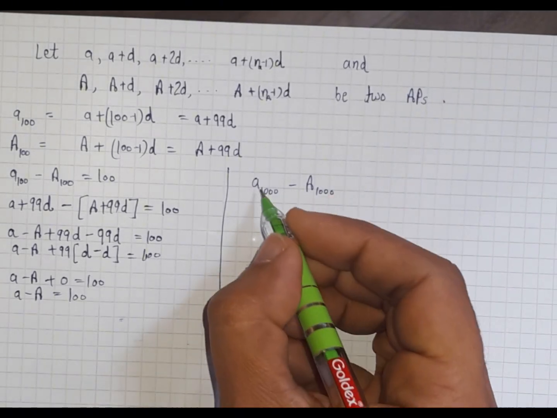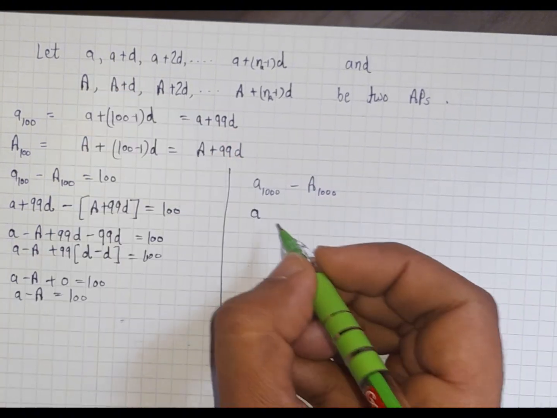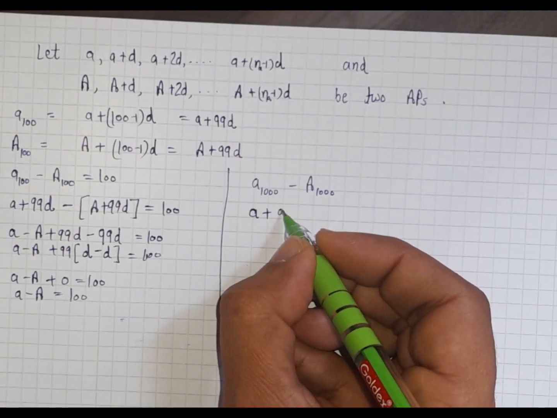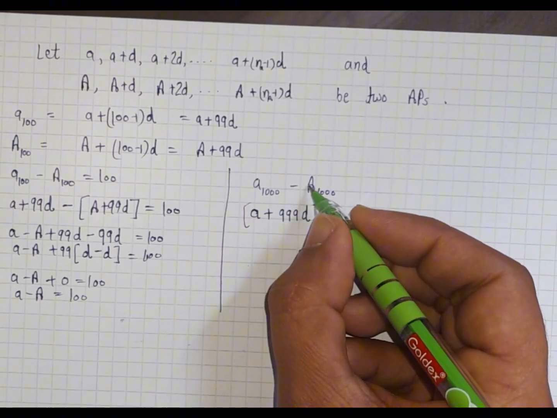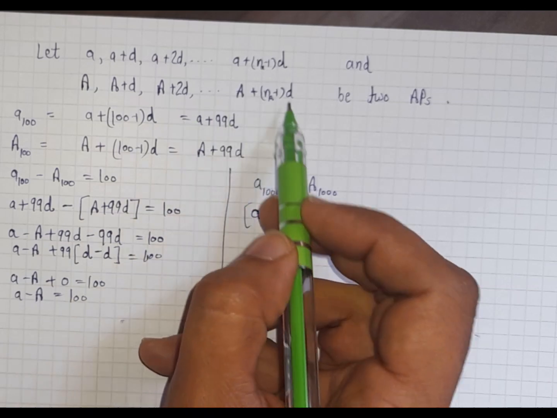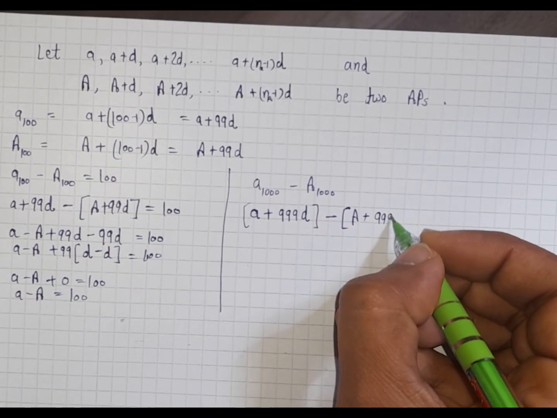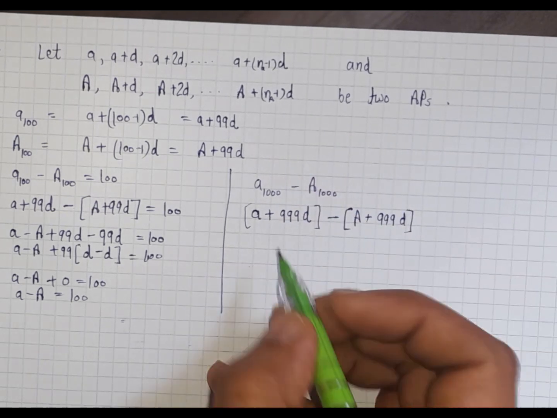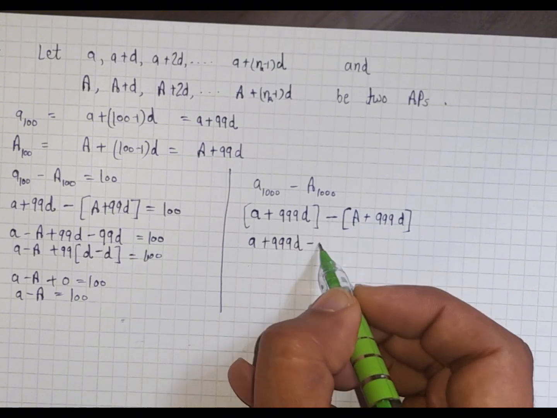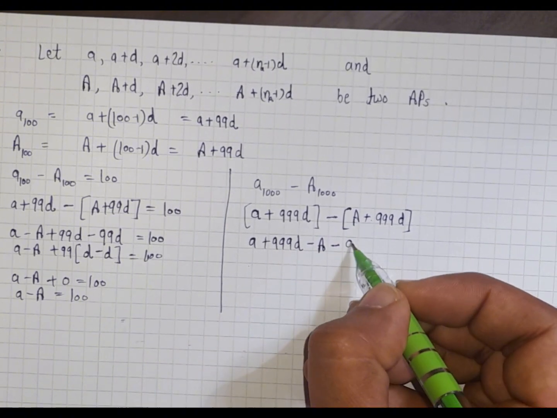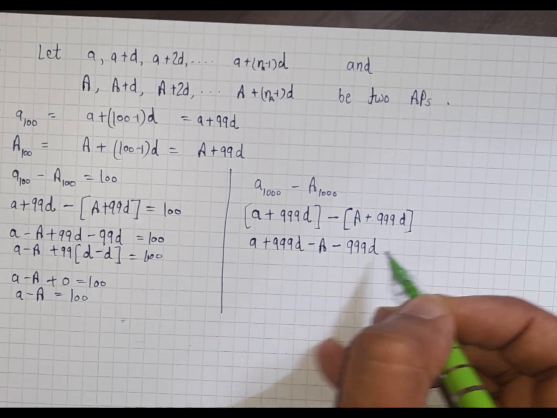The 1000th term of the first AP will be first term a plus (1000 minus 1), that is 999, into d from the nth term formula, and the 1000th term of the second AP will be capital A plus (1000 minus 1), that is 999, into d. So a plus 999d minus capital A minus 999d, and 999d minus 999d equals 0.